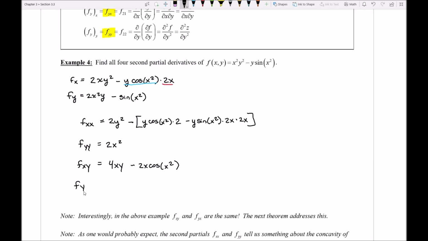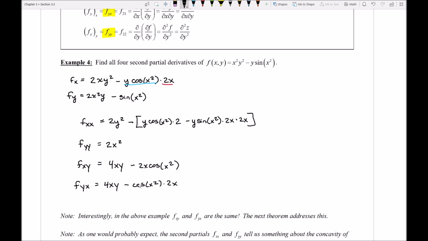If I do partial of y with respect to x, I have to again treat x now like it's the variable and y like it's the number. So that's going to get me 4xy at the front, and then I'm going to have to do cosine of x squared, chain rule, times a 2x.